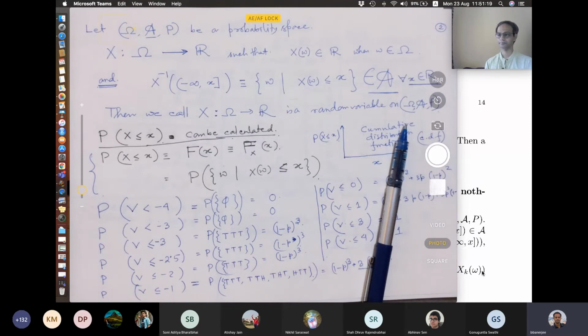Is it okay? If you are really interested, at this level you can read a very good book of real analysis, and if you are still not satisfied, then sometime you take a course on measure theory.